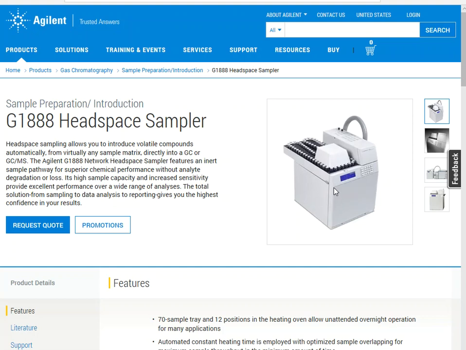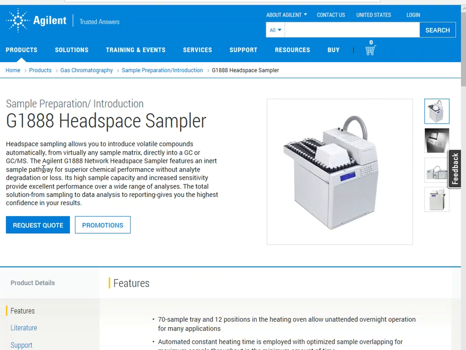So that's where it's going to be heated up, and that's where all of the more stubborn volatile organics will be heated and released into the headspace of the vial. And then from that point, that vapor will be sucked out of the vial and it will go into the machine.